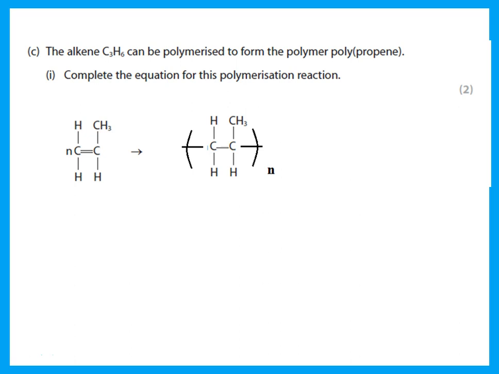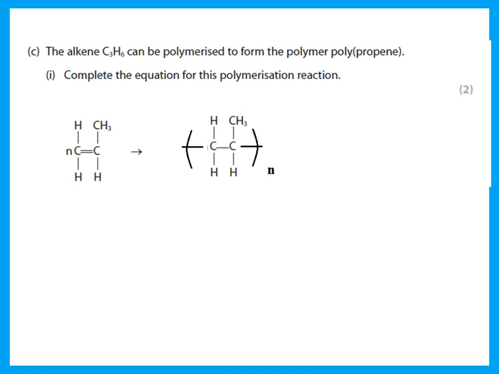So the first carbon on the left had 2 hydrogens. In the polymer, it will be bonded to 2 hydrogens. The carbon on the right of the double bond has 1 bond to hydrogen, 1 bond to CH3. You just copy it as it is.